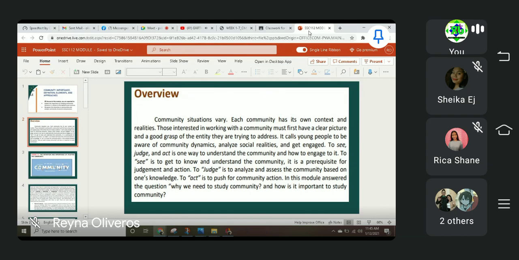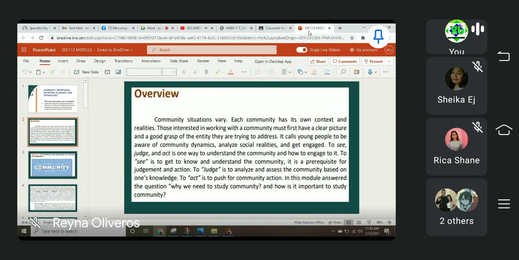Then right after that, for you to act is to push the community action. So, para ito sa mga individual or organization na gustong mag-conduct ng community service, bago sila mag-act kailangan alam muna nila kung anong meron sa community na yun.